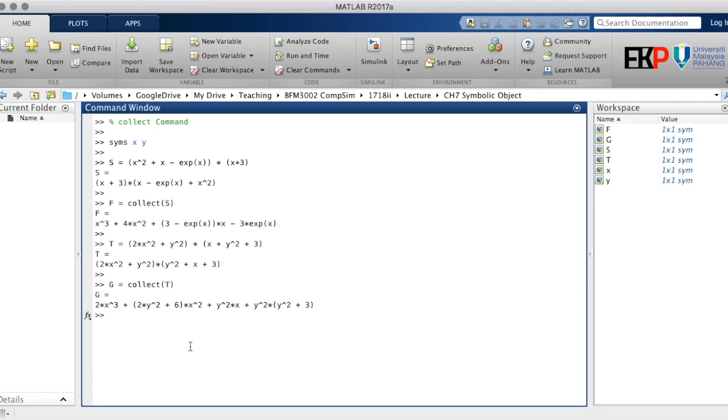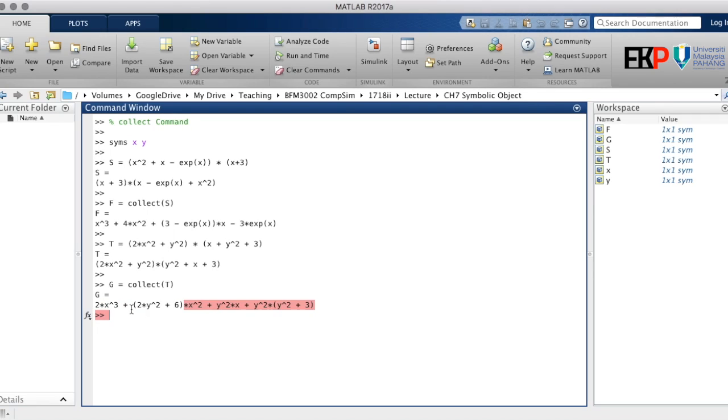now MATLAB will return an expression. MATLAB will select x as our default variable, and it will sort the expression according to the decreasing power of x. So we can see here 2 times x to the power of 3 is the first expression written by MATLAB, followed by 2 times y squared plus 6 times x to the power of 2.